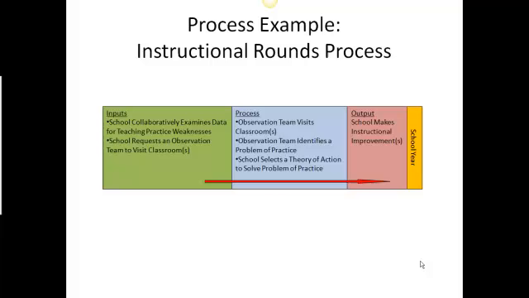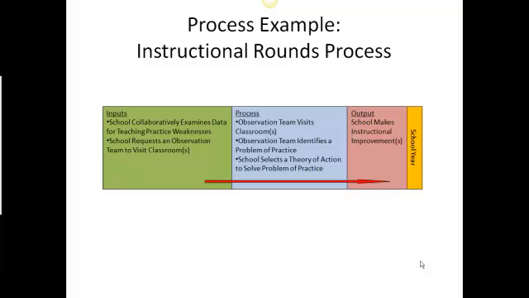But nonetheless, some type of data is used. And what would happen next is either the school would have their own, or the school system, the school district, would have their own observational team, or they would request an observational team to come and visit a set of classrooms to examine what's happening, knowing that there's some kind of a weakness. Again, this is collaborative, it's not punitive.